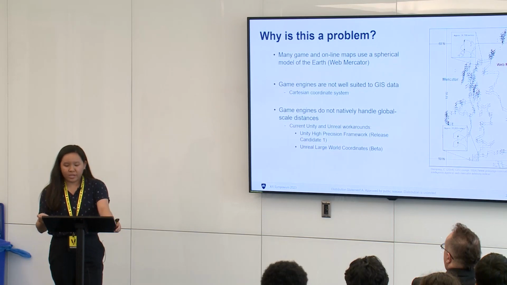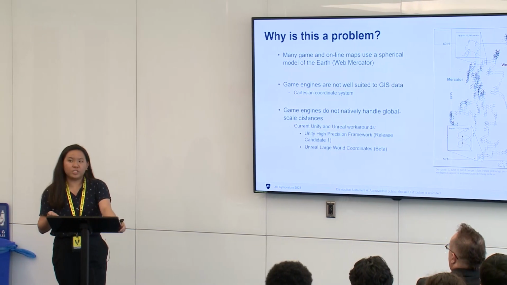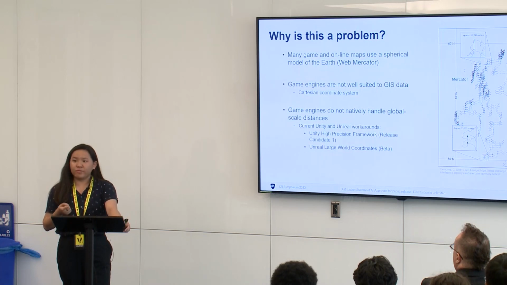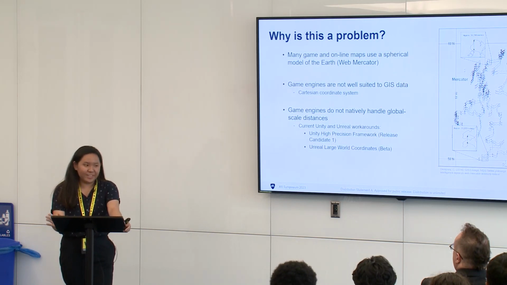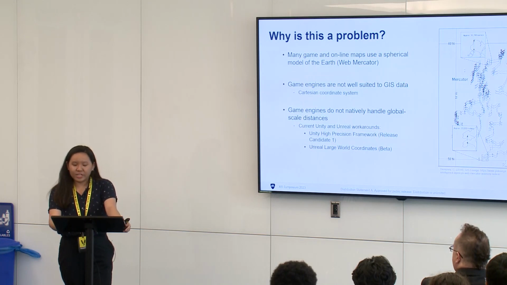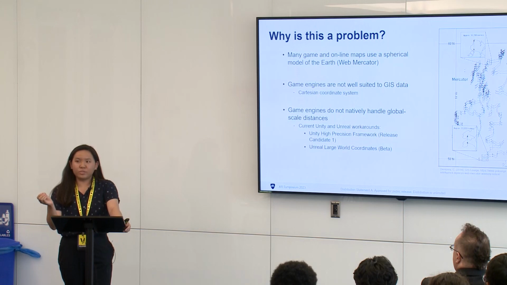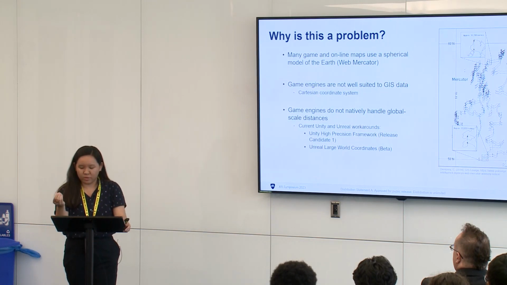Unity and Unreal currently each have workarounds, one of which James has actually mentioned earlier. Unity has the high precision framework, which, and I quote, allows Unity to render very large worlds and addresses the limitations of the single precision floating point system. Once again, as James has mentioned earlier, this is default to how Unity positions objects and understand where the player is within the world.